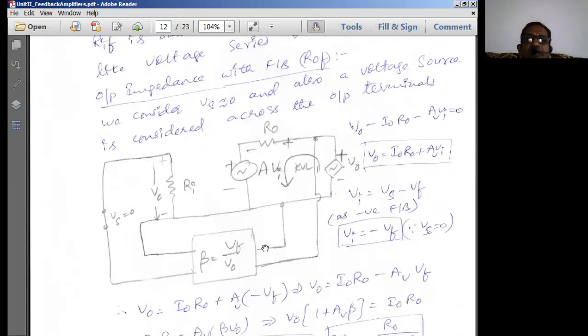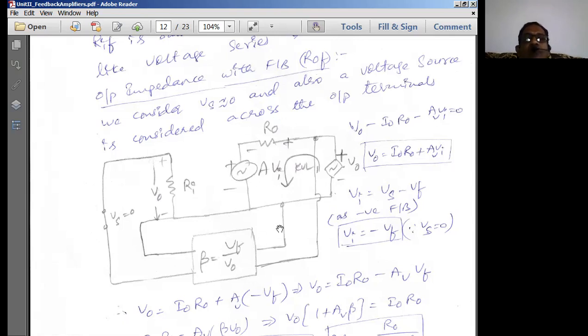Now here, one important point we have to note. From the previous knowledge of electronic devices, whenever we want to find the output impedance with feedback, we should suspend the input voltage source and consider a voltage source across the output terminals to find the output resistance.